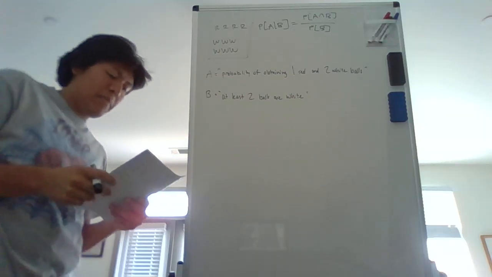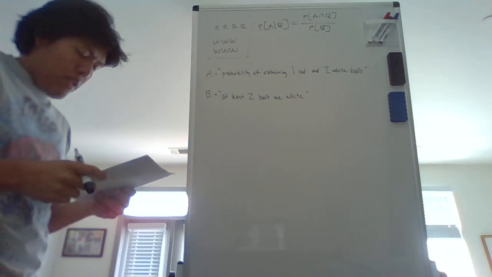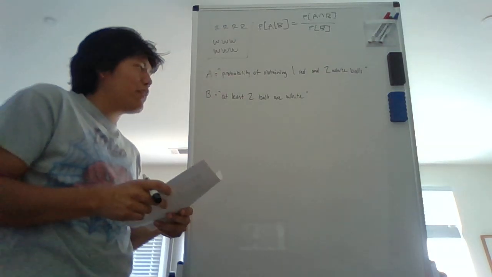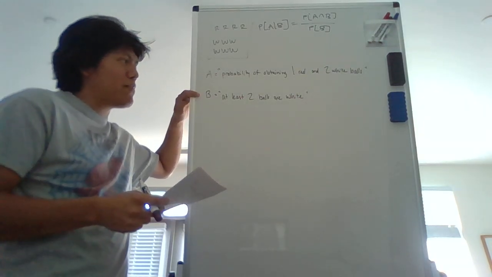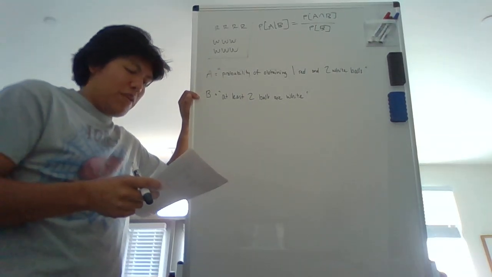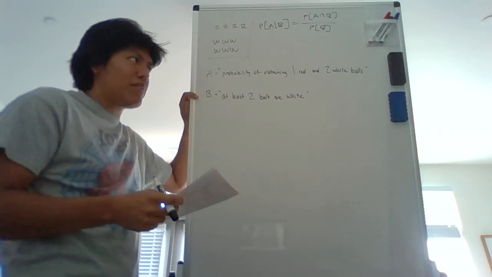We'll solve for the probability of B first. At least 2 of the balls in our sample are white.